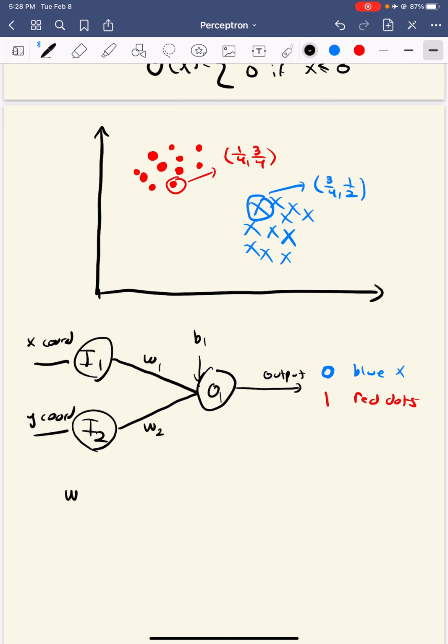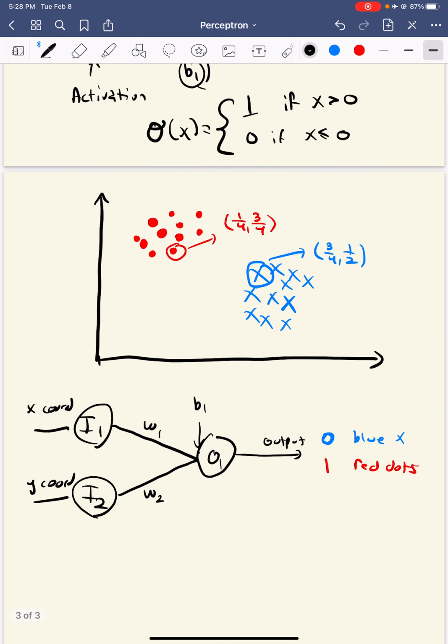And how I'm going to get this, and why I chose these points, is if you look at the line y equals x, then if it's below that line, you're going to get blue X's, and if it's above that line, you're going to get red dots.